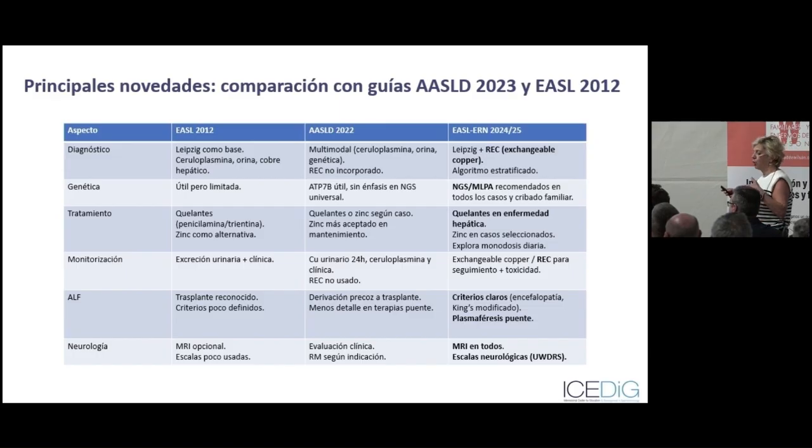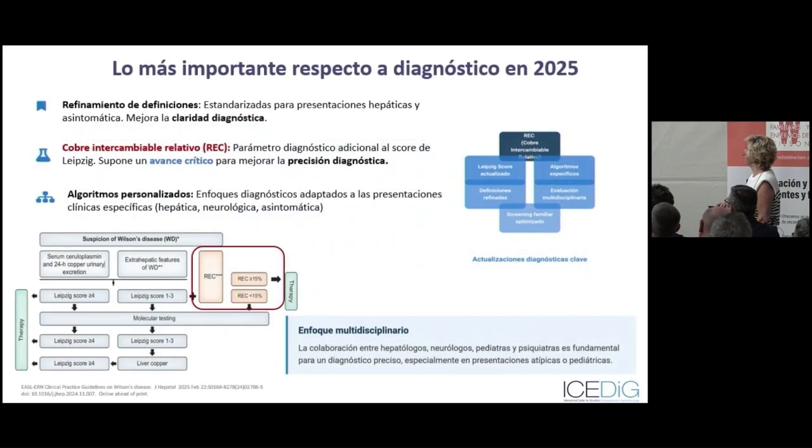We see certain different criteria for acute liver failure so that we can find an accurate diagnosis and avoid transplantation. And it clearly establishes when transplantation is the best option, and in terms of neurological involvement, it establishes all the tests that need to be run, clinical evaluation as indicated, and scales.